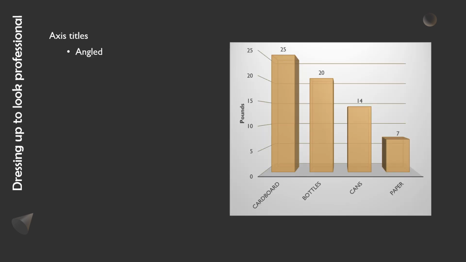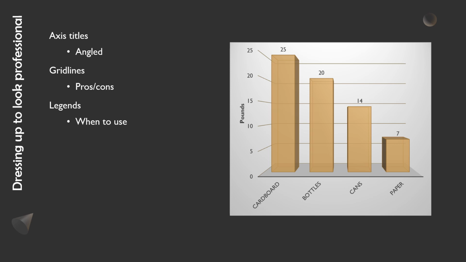A few additional tips. Axis titles can convey useful information regarding the type of data or measure. If you have some longer data names, like cardboard in this chart, you can try angling them to make them easier to read. Determine whether grid lines add to the clarity or to the confusion.